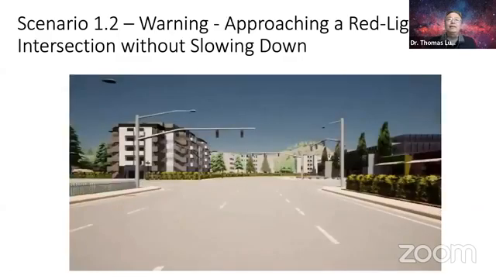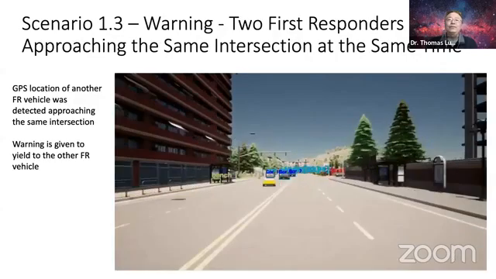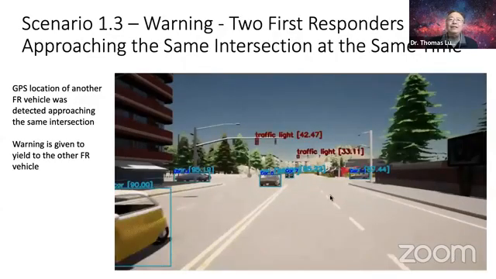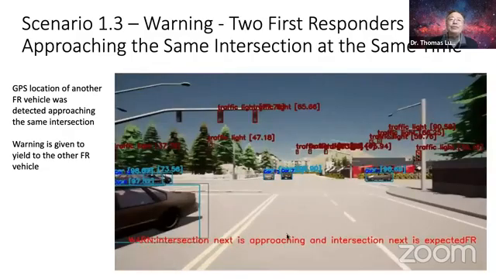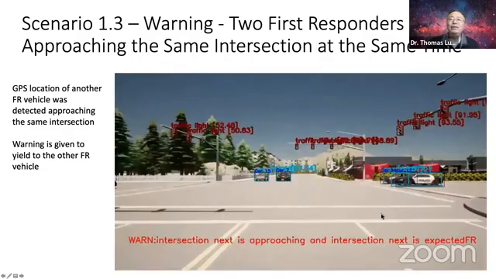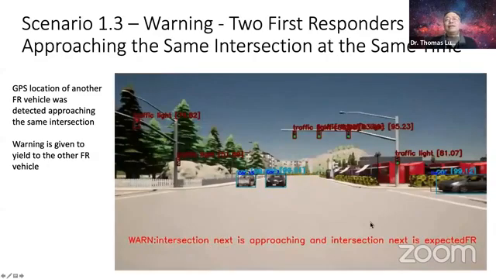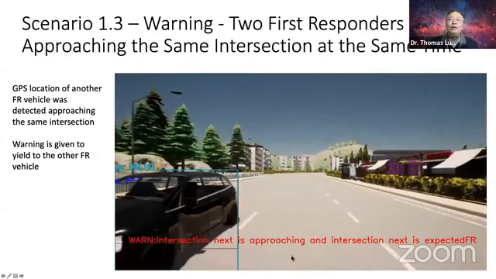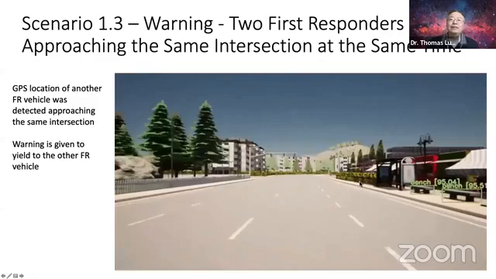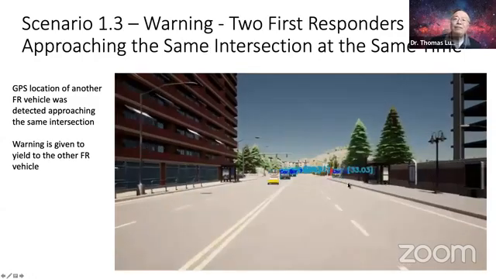This particular one has two first responders approaching the intersection at the same time. Through the radio communication, TruePol knows that there's another first responder coming from the cross street.